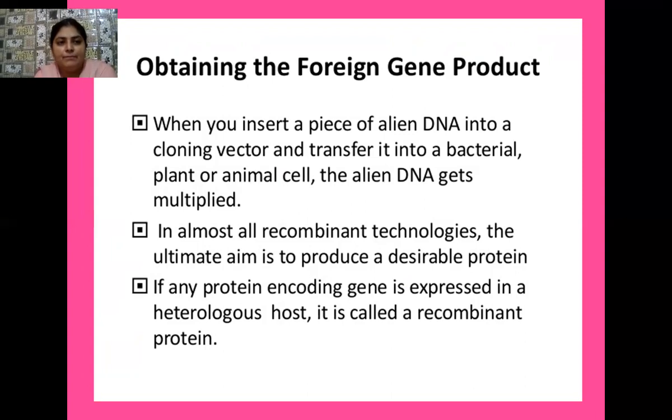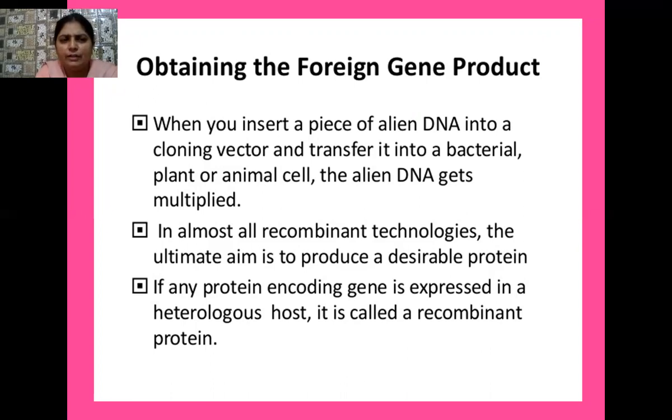Then what happens? Under optimum conditions, these host cells multiply more and more, and they reproduce in a very large number. In this way, so many host cells are formed in the bioreactors, and as many host cells as there are, that many replicas of your desired protein there are.